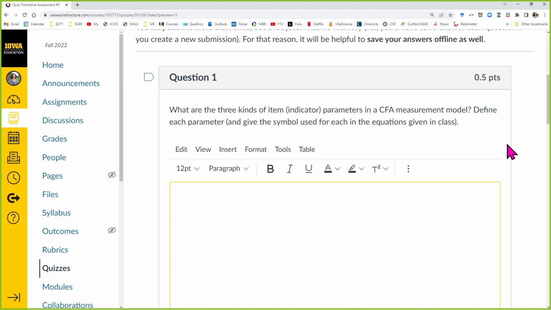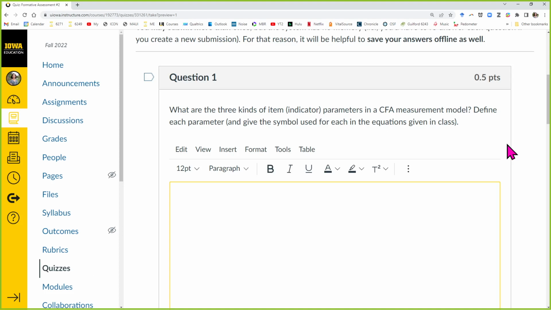Not quite. I need another word in front of it if you're going to use the word mean. The expected. Yeah, conditional or expected. Because it's the mean for what kind of person? Factor 0. Yeah, someone with a factor score of 0, which usually means the average of the trait, given how we scale factors, which is the next question.